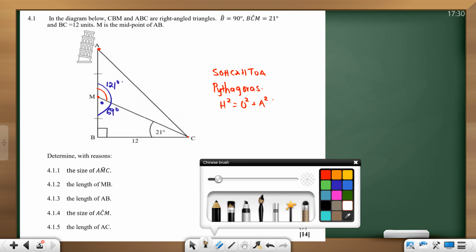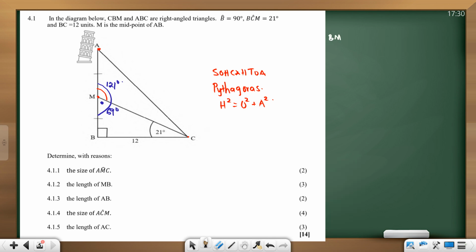There are 2 ways. Option 1 is to find BMC by saying 180 minus 90 minus 21. Or I could add the 2 and subtract. That would give me 69 degrees. Sum of angles in a triangle. Then I'm looking for AMC, and that would be 180 minus 69 degrees.